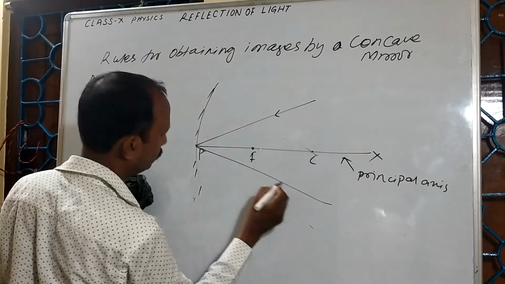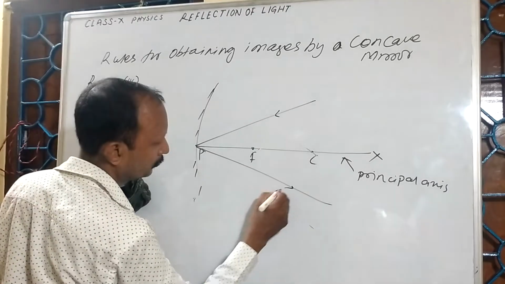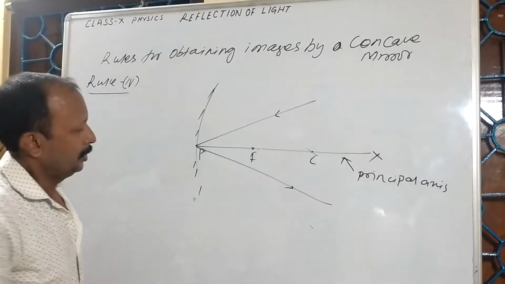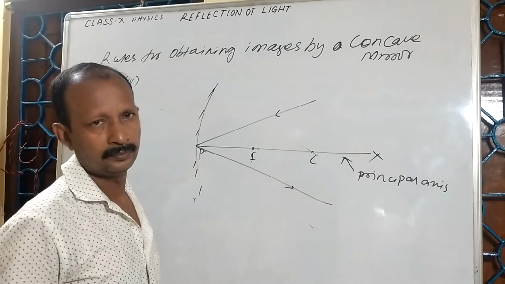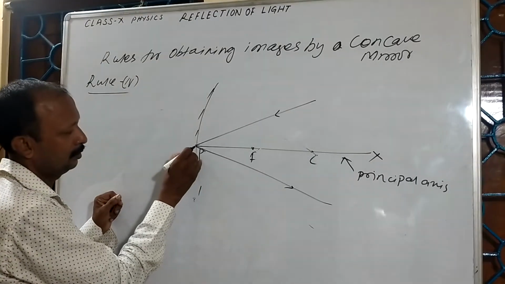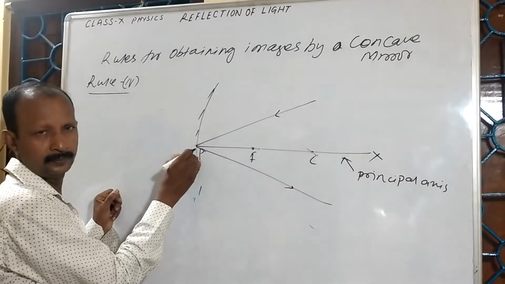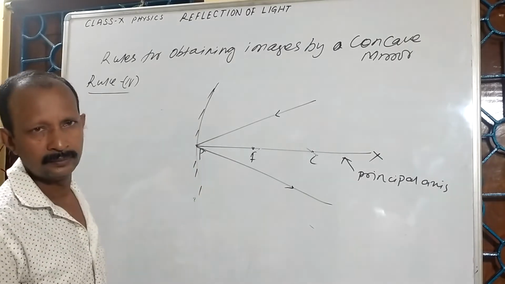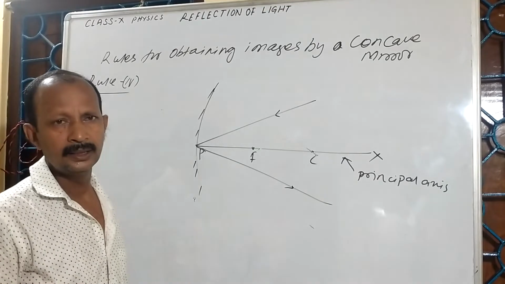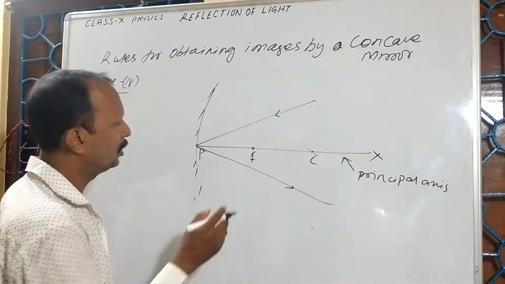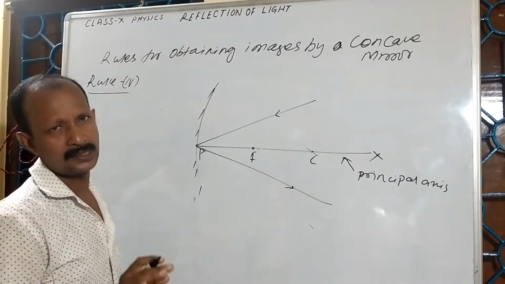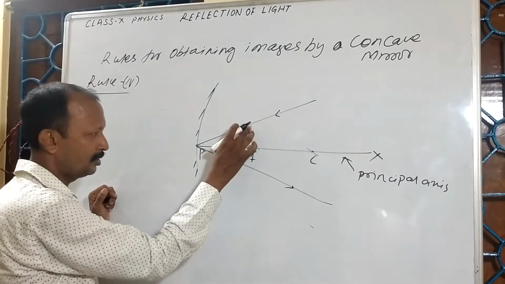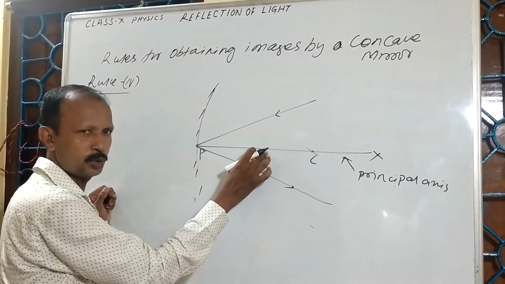See here. A ray of light which is incident at the pole reflects making the same angle with the principal axis, because this is the incident ray, and this is also the normal.